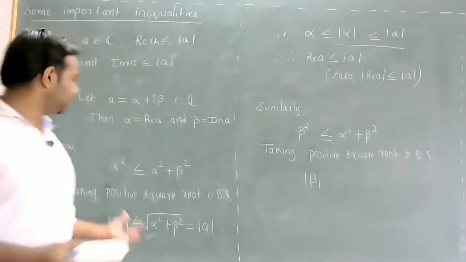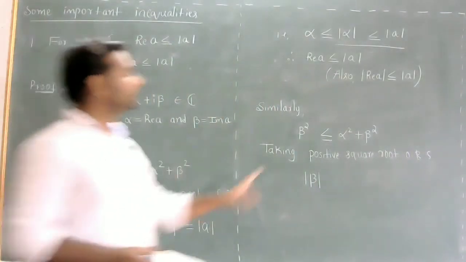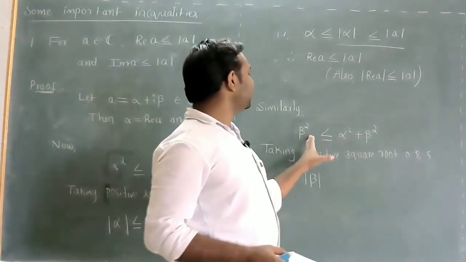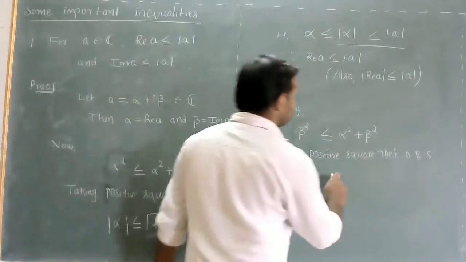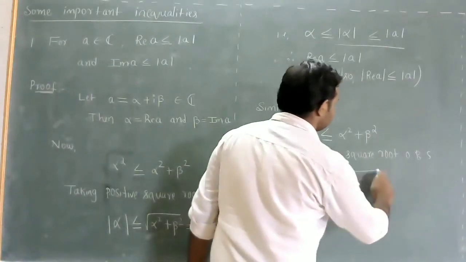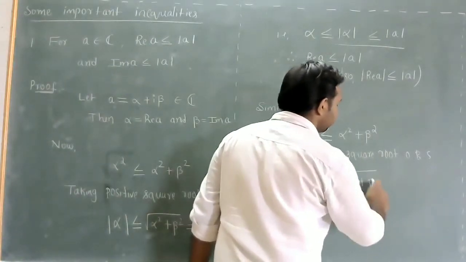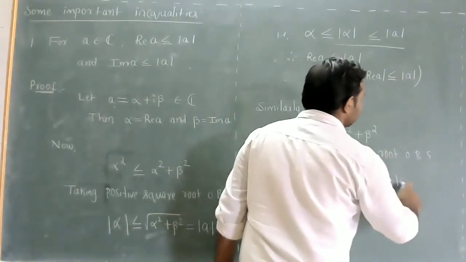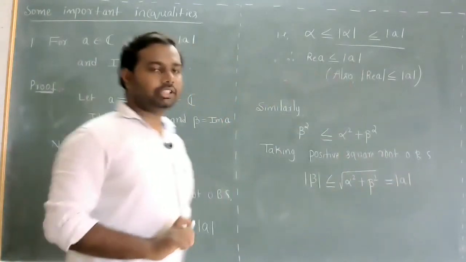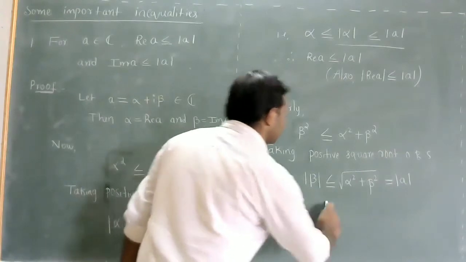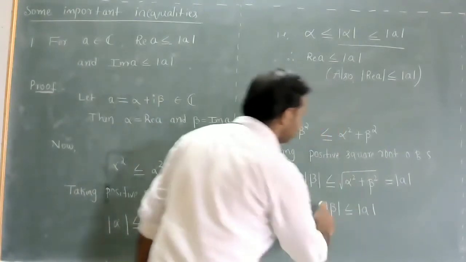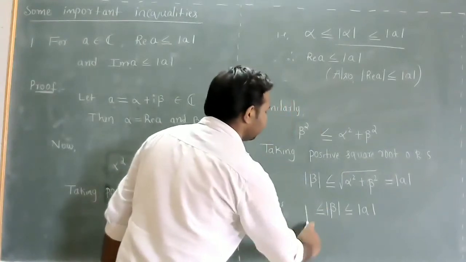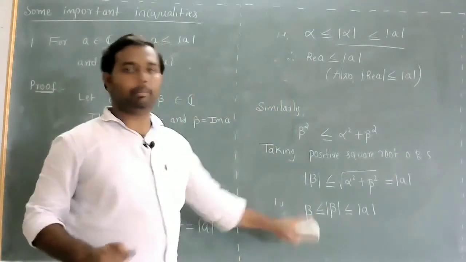So as I have explained here, the same thing. Positive square root of beta square is absolute value of beta, which is less than or equal to positive square root of alpha square plus beta square, which is modulus of A by the definition. So that is nothing but modulus of beta is less than or equal to modulus of A, but modulus of beta is greater than or equal to beta.